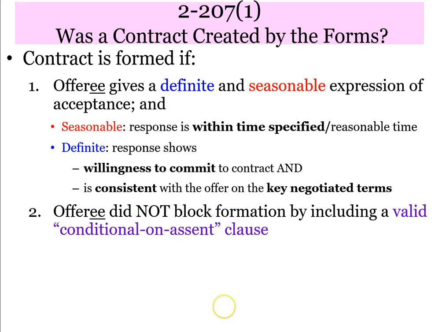So an offeree can prevent its responding form from serving as an acceptance by including language in its own form saying that its acceptance is conditional on the other party's assent to the additional or different terms contained in the offeree's own form. The courts, however, have adopted a very strict rule on what the offeree needs to include in its form.